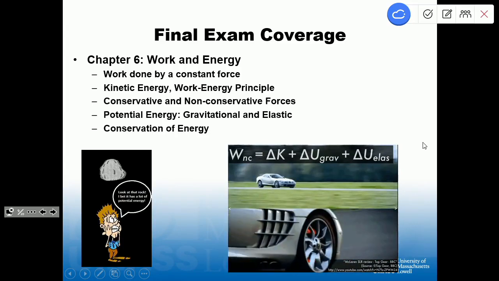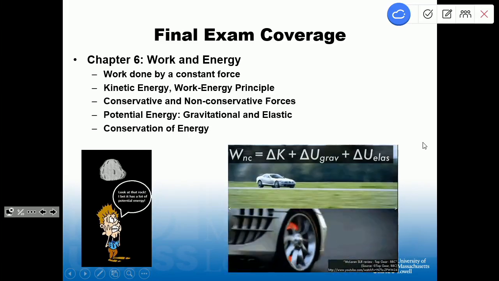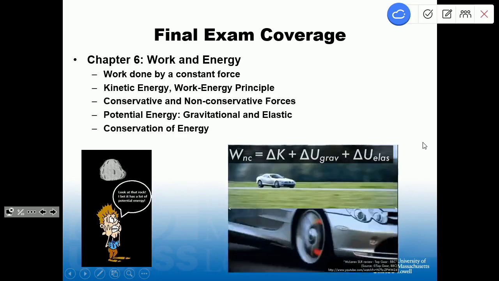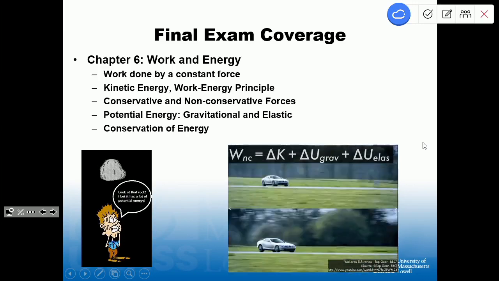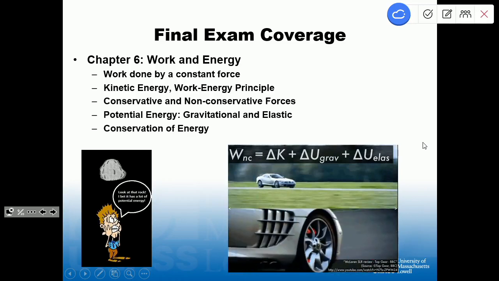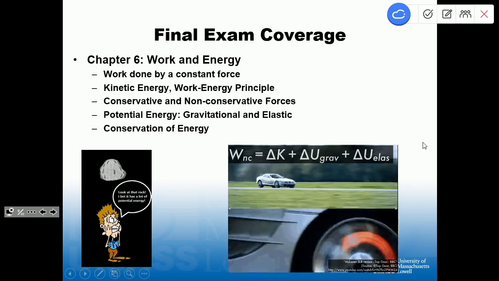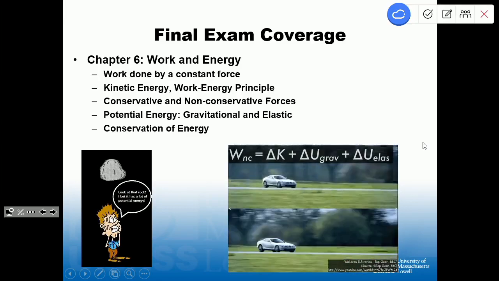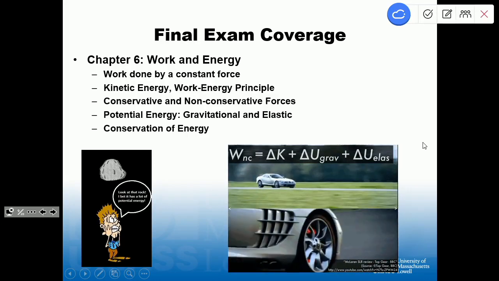Okay, the two kinds of potential energy we covered this semester were gravitational potential energy, which comes about from changes in height, and elastic potential energy, 1/2 kx squared, the energy stored in a spring. Both come about because the forces involved are what we call conservative forces, right? So whenever you work against a conservative force like gravity or Hooke's law forces, that work is stored in the system as potential energy, right?